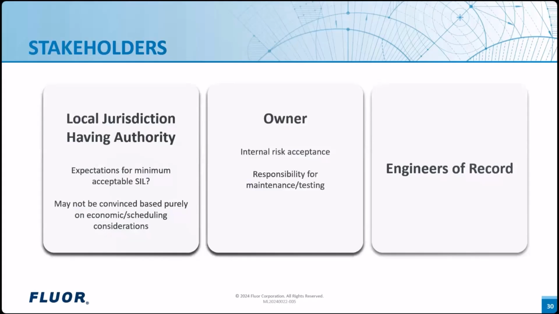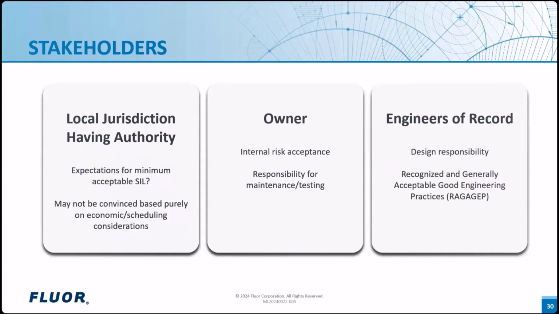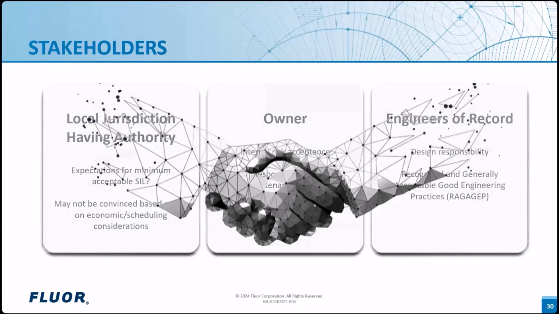In addition, the engineer of record must apply due diligence and meet generally recognized and accepted good engineering practices. If a HIPPS system is planned, it is best to engage all stakeholders to align on expectations. This should ideally be worked out conceptually in FEED to help avoid delays later in the project.